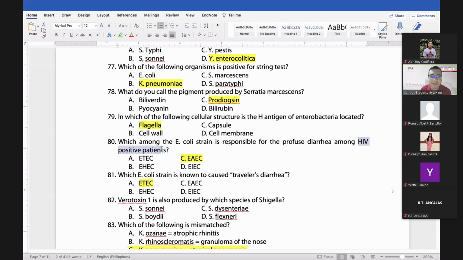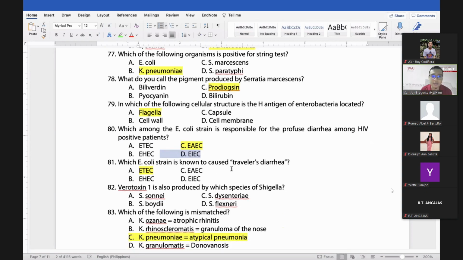Remember, class, with HIV patients, that is enteroaggregative E. coli, your EAEC. This one is for most likely traveler's diarrhea. EHEC is when you see bloody diarrhea. EIEC is still not common diarrhea, but with abdominal pain.